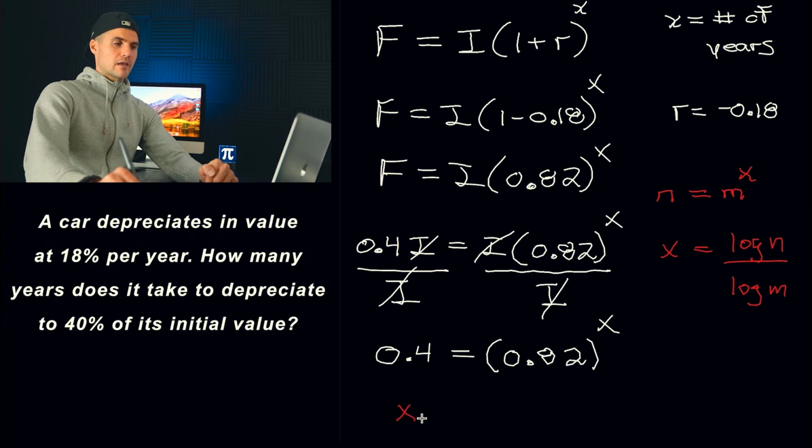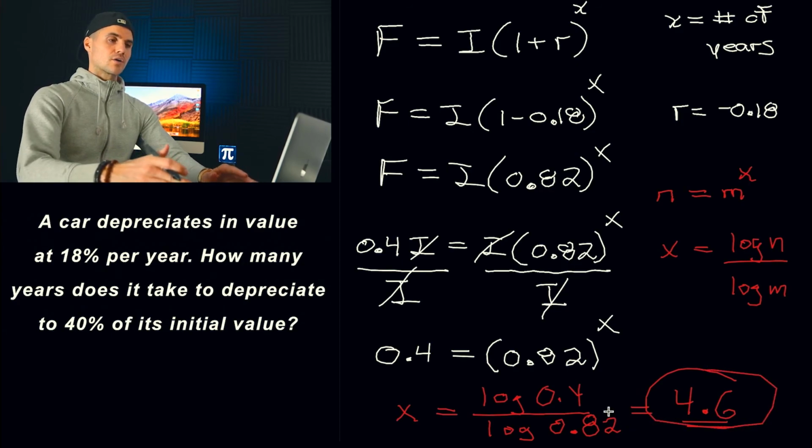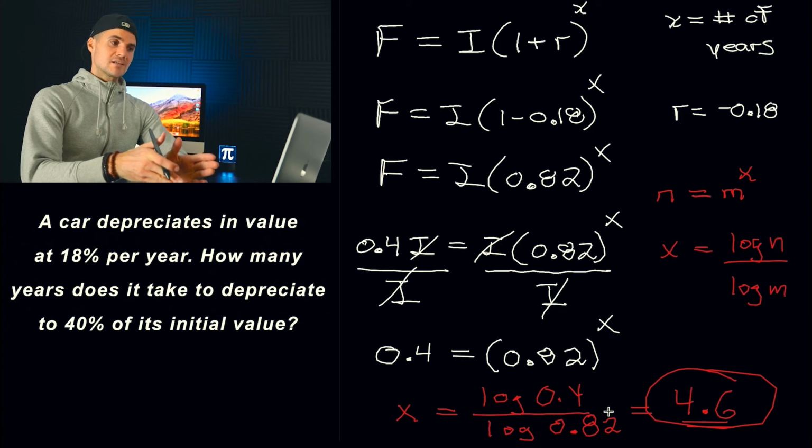So here, applying that, x would basically be log of 0.4 divided by log of 0.82. And that's going to be 4.6, like that. Right? So it's going to take 4.6 years for the car to depreciate to 40% of its initial value.